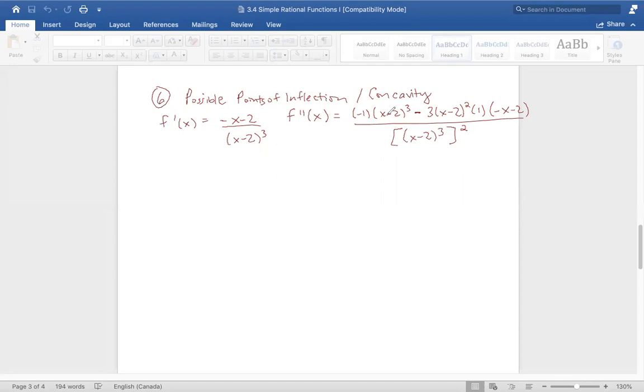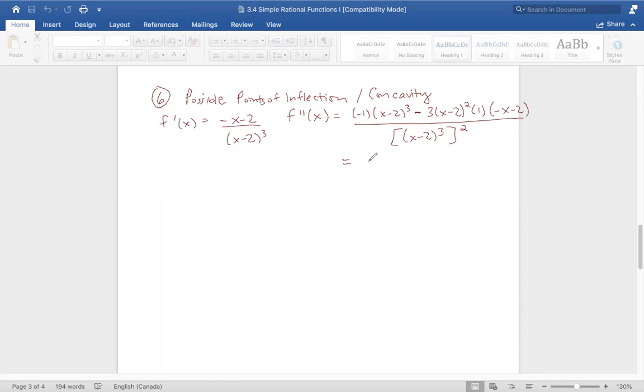Now it's just a matter of cleaning everything up, which could take some time. I think in my notes I left out the negative at first, but my line after that had it.